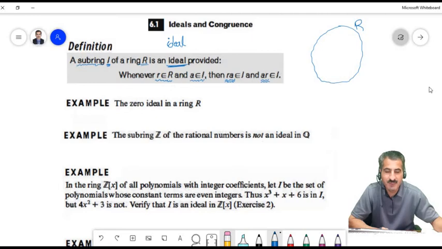So if we have a ring R, and say we have the subset, or the subring for now, the subring I, I will represent this by I.